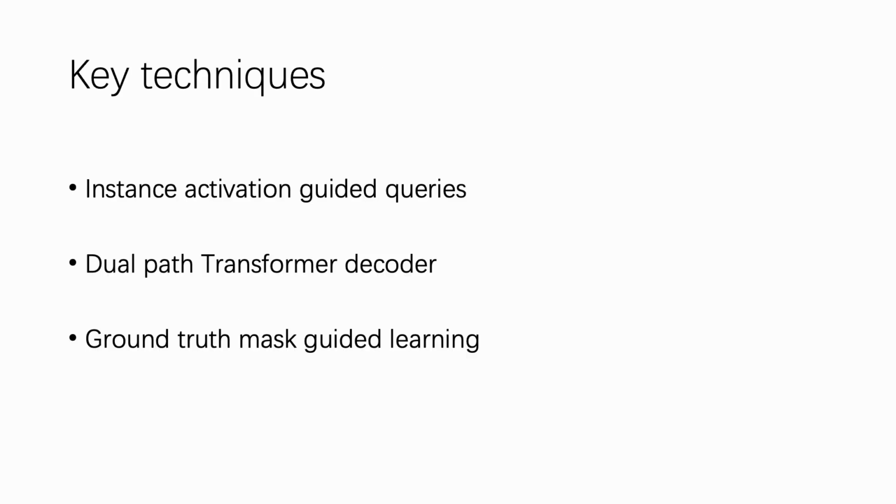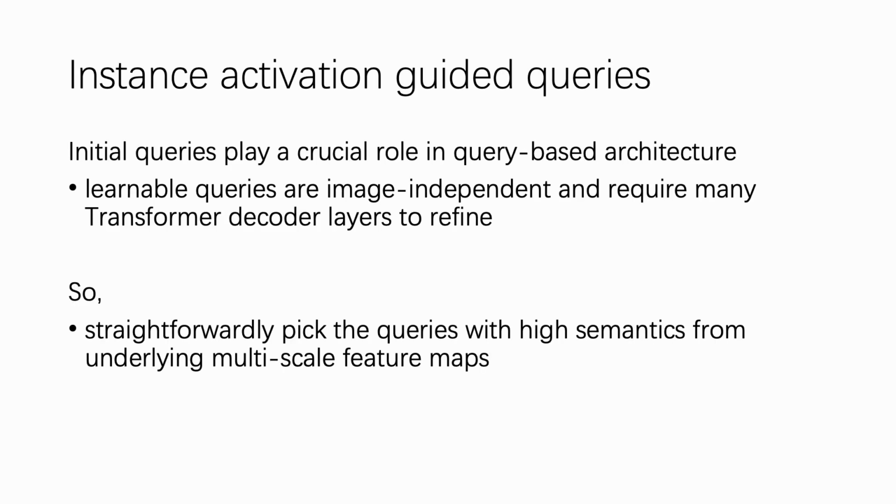The key techniques of FastInst include 3: instance activation guided queries, dual path transformer decoder, and ground truth mask guided learning. Initial queries play a crucial role in query-based architecture. One of the reasons for the slow convergence of DETR is that its object queries are zero initialized.